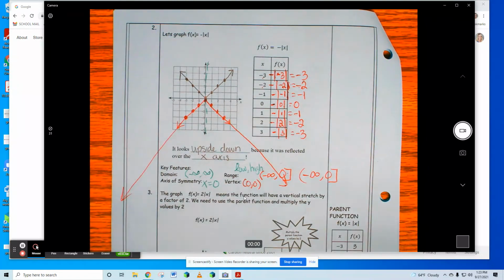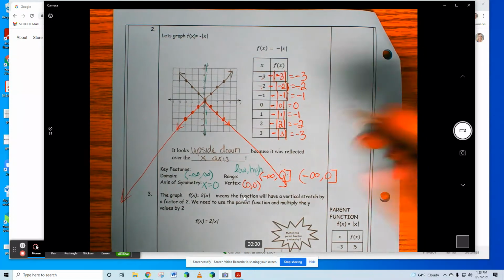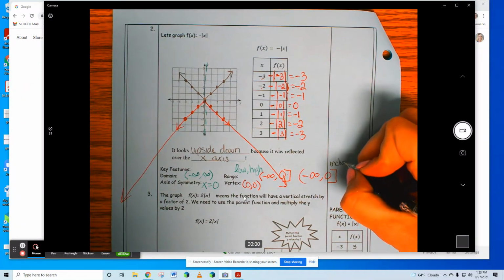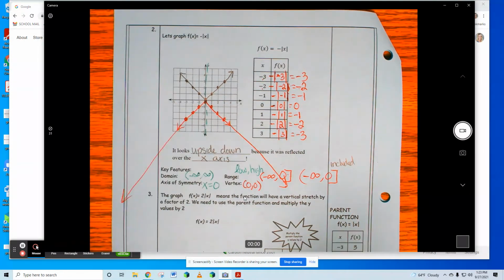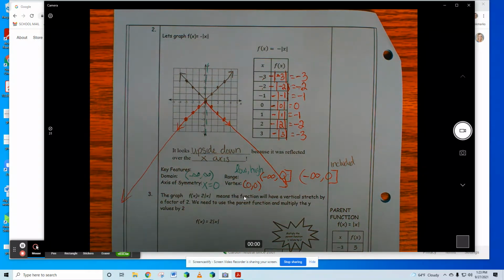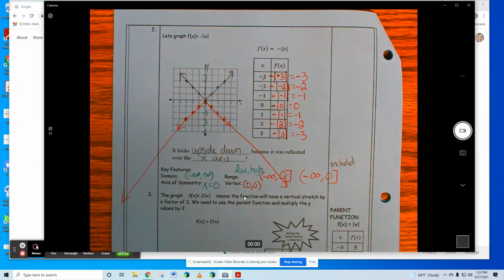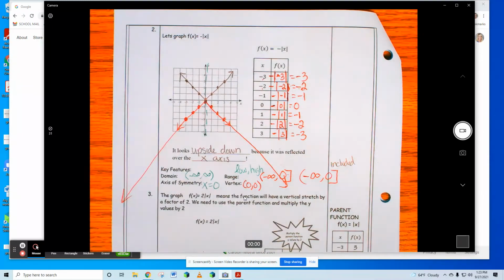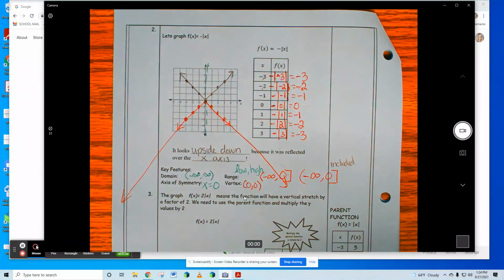Bracket means 0 is included. It has a solid circle, solid dot. There's such things as open dots. That's why. So I put a negative sign in front of it and I reflected the whole graph downward.